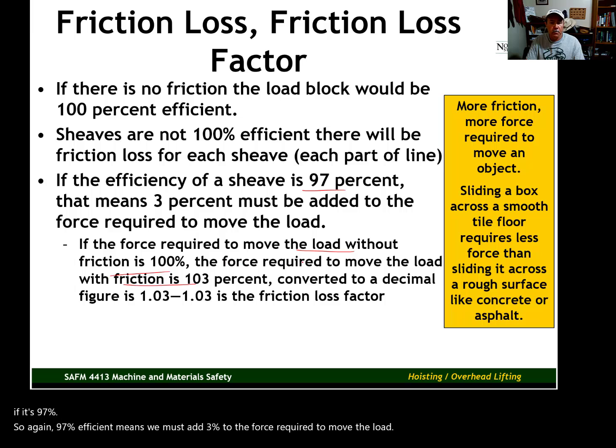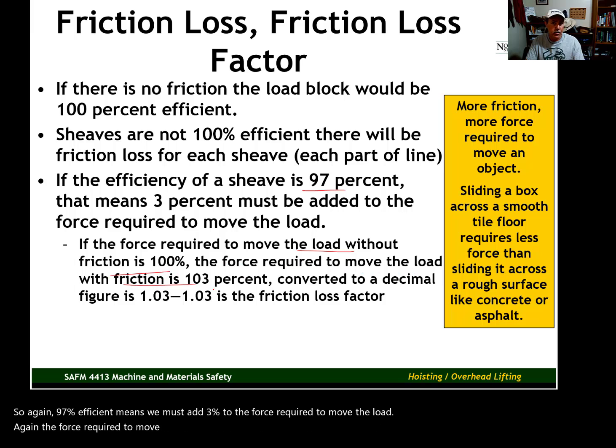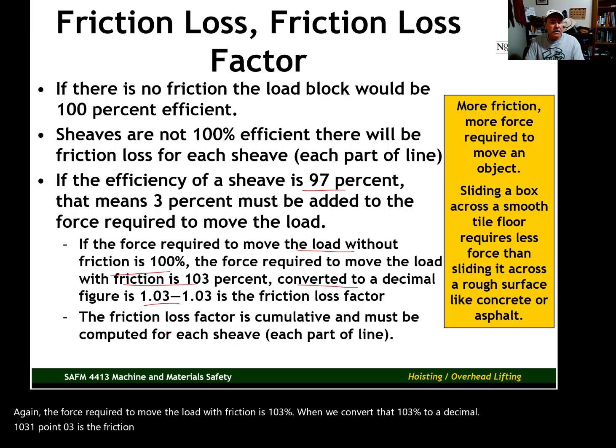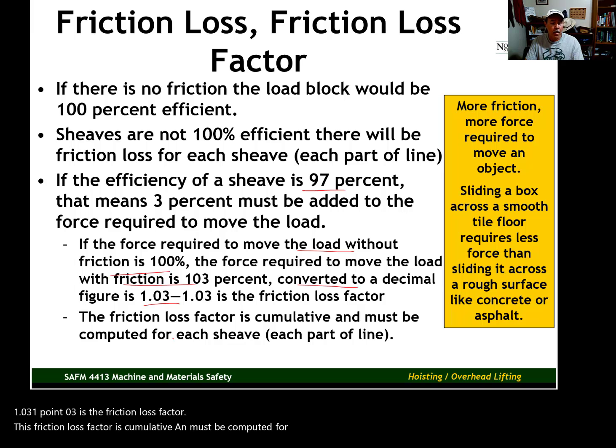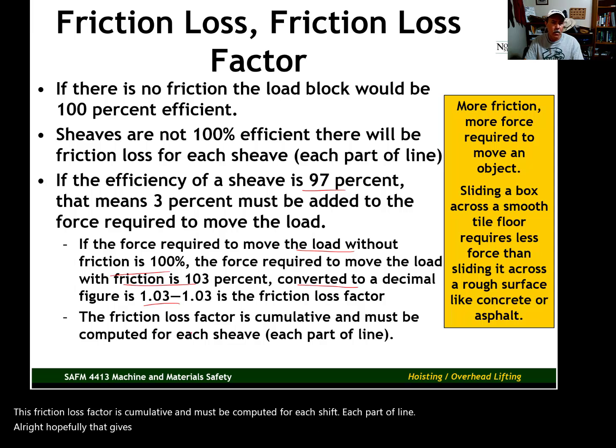When we convert that 103% to a decimal, 1.03, 1.03 is the friction loss factor. This friction loss factor is cumulative and must be computed for each sheave, each part of line. All right, hopefully that gives you a little bit more understanding of where that friction loss factor comes from.